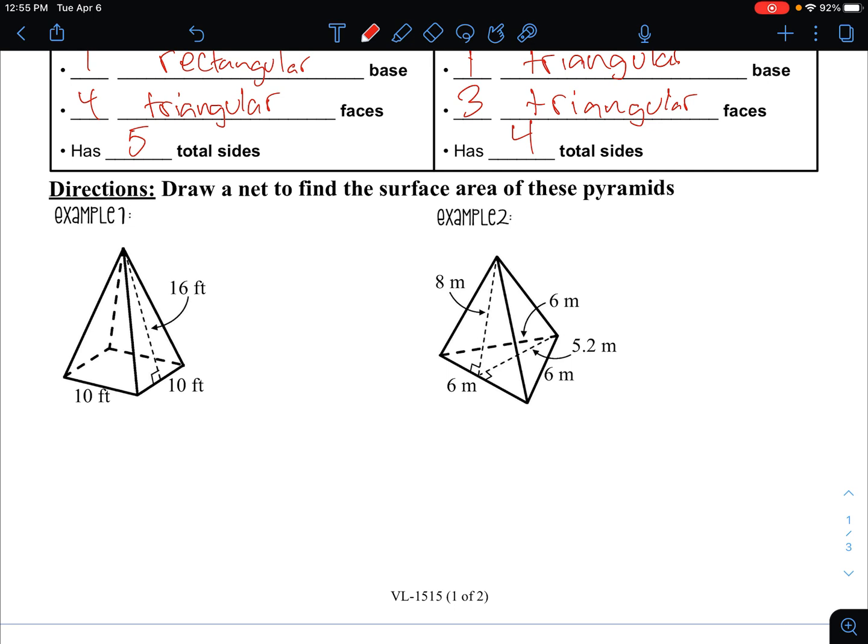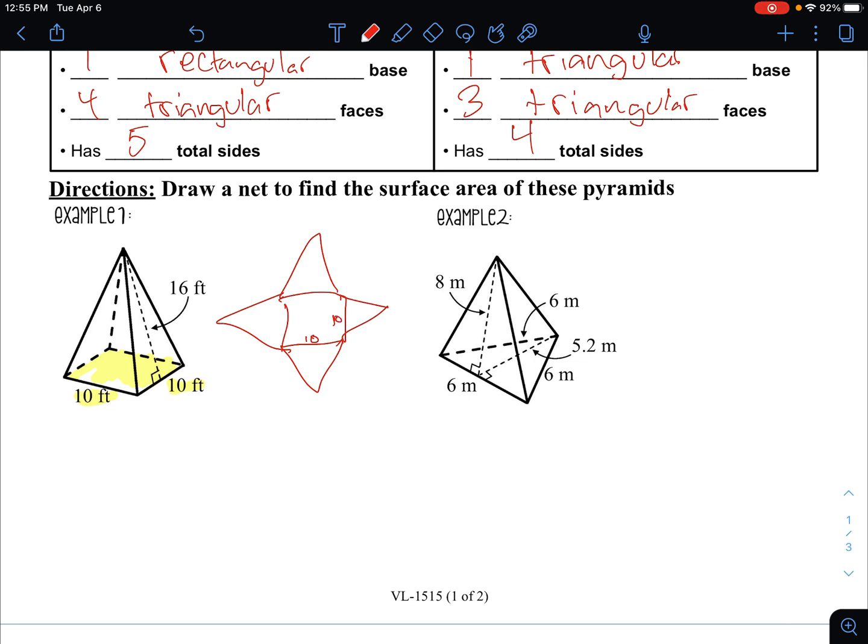So what I'm going to do is draw my little net. It's a rectangular pyramid, and if you look at this one, it's got a base of 10 and a height of 10. So you could even say this is 10 and this is 10.